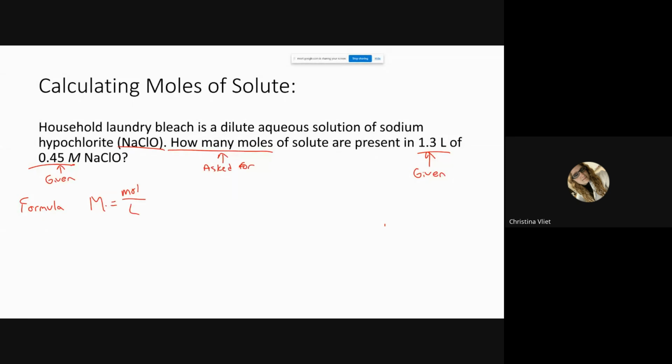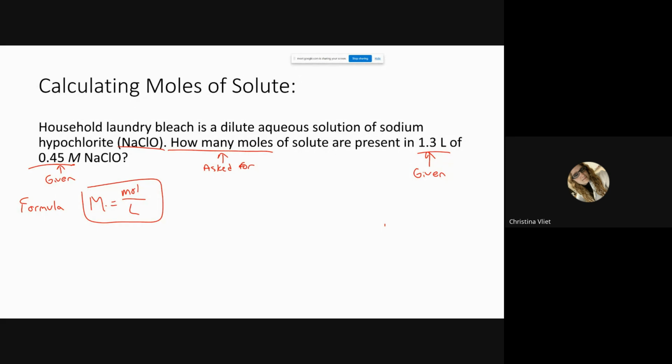Notice this time, I did not write solute and solution because I'm trying to save writing. But it is solute on the top and solution on the bottom. You can write it just like this and memorize it like this because as long as you understand how the units change, this is the least amount of writing that you have to do. Capital M equals mole over liter.